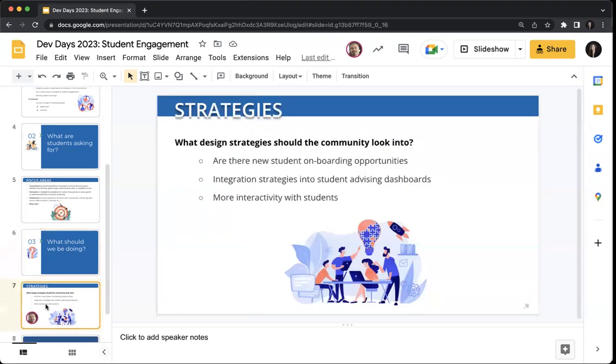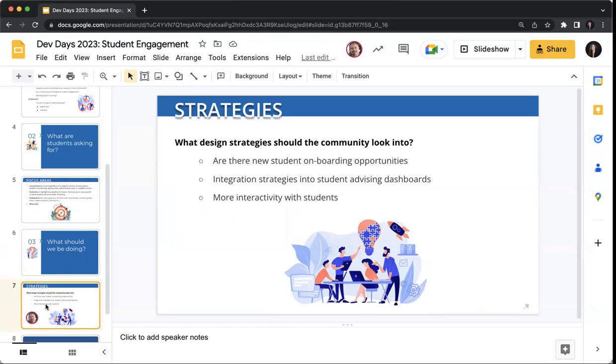These are things we can maybe start thinking about on how to improve student engagement. What are some design strategies that not only your campus personally should look into, but what should uPortal be adding in to increase that?